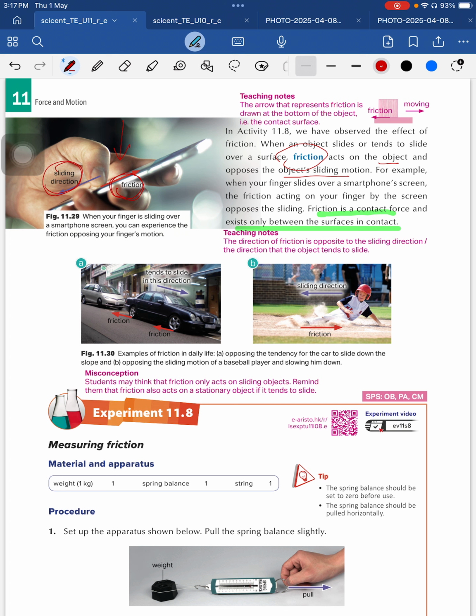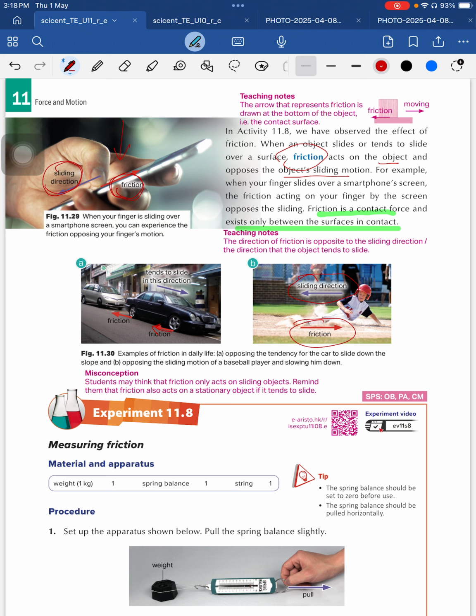Another example is you park a car on the roadside. The friction will support the car, avoiding it going down the slope. Another example is about you playing a sport like baseball, and you try to reach the point you want, and the sliding direction has a friction opposite to its direction.